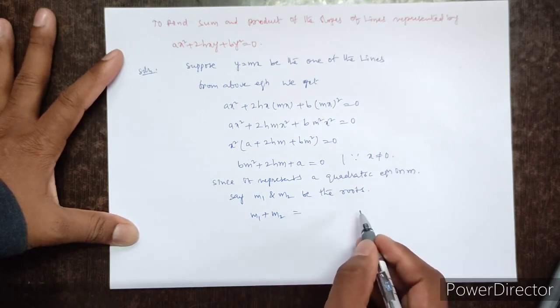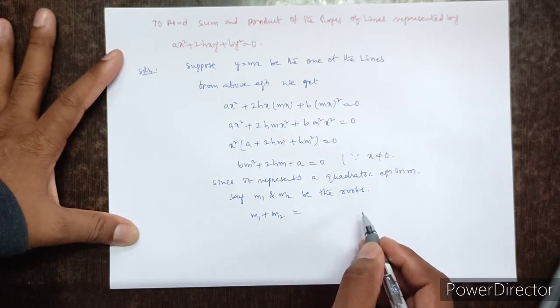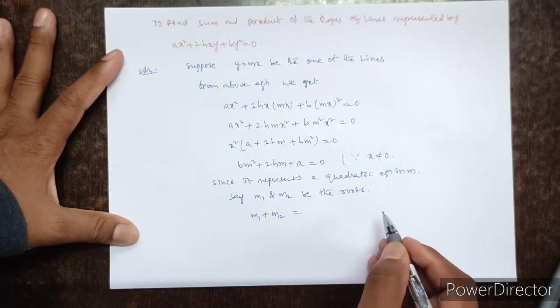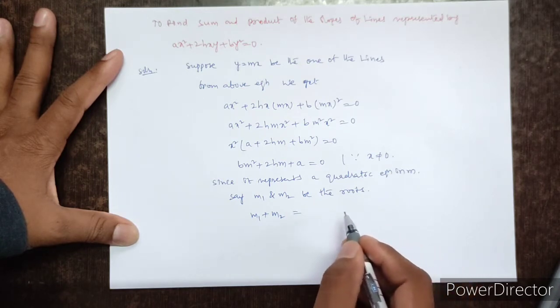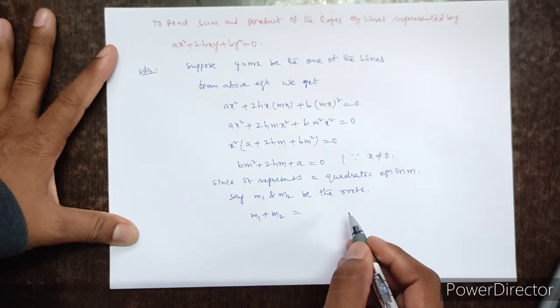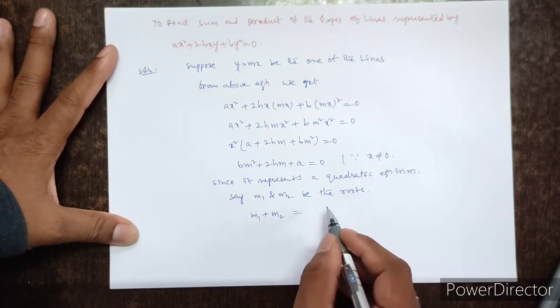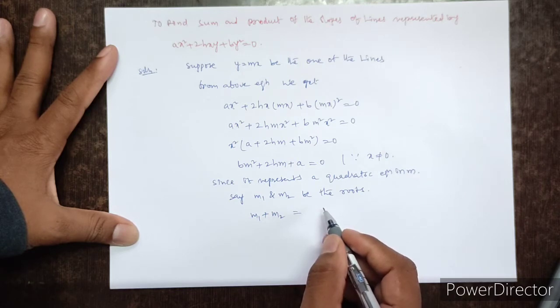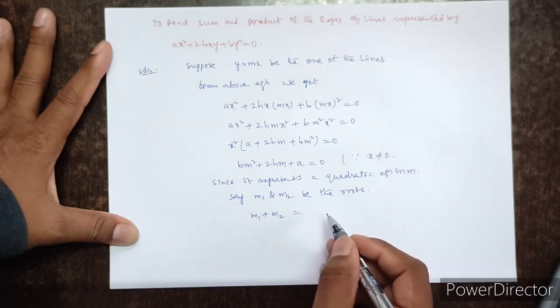Already we know if ax square plus bx plus c equal to 0 represents a quadratic equation, then sum of roots is nothing but minus b by a, that is minus coefficient of x by coefficient of x square.